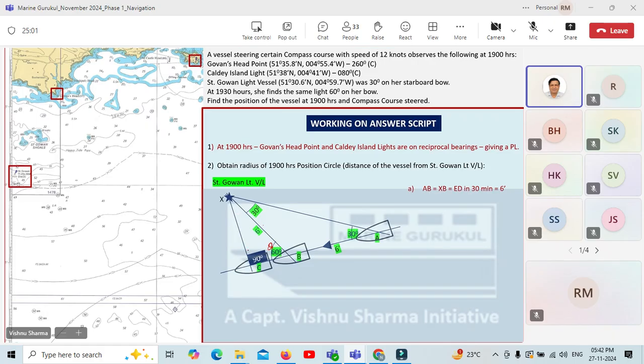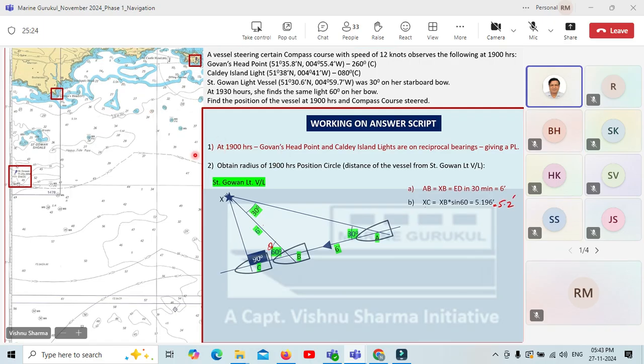So sine 60 will be perpendicular upon hypotenuse. So you see here, XC, the beam distance will be XB into sine 60. And this way we can get the beam distance XC as 5.196, or you can say 5.2 miles.